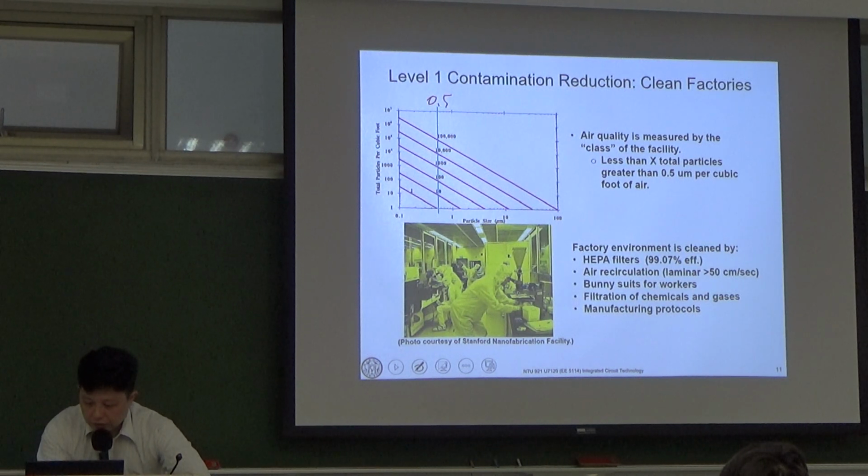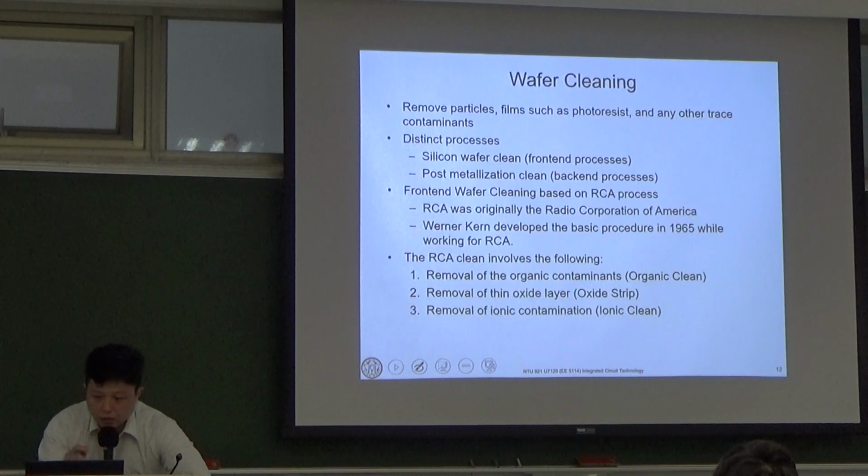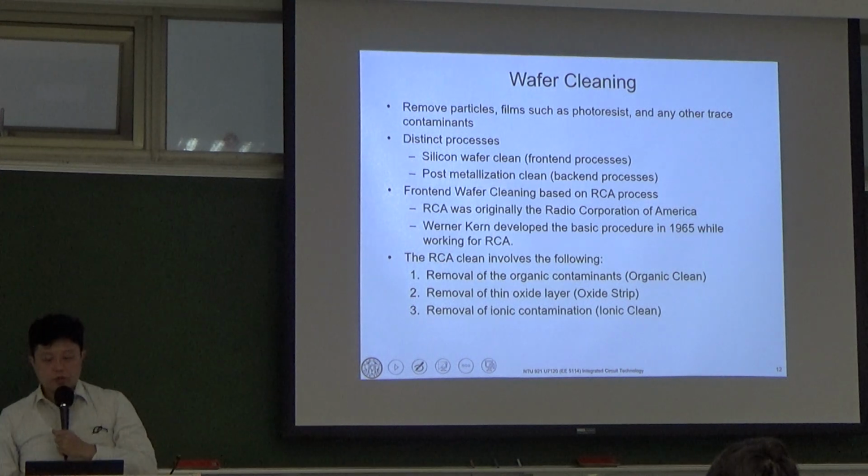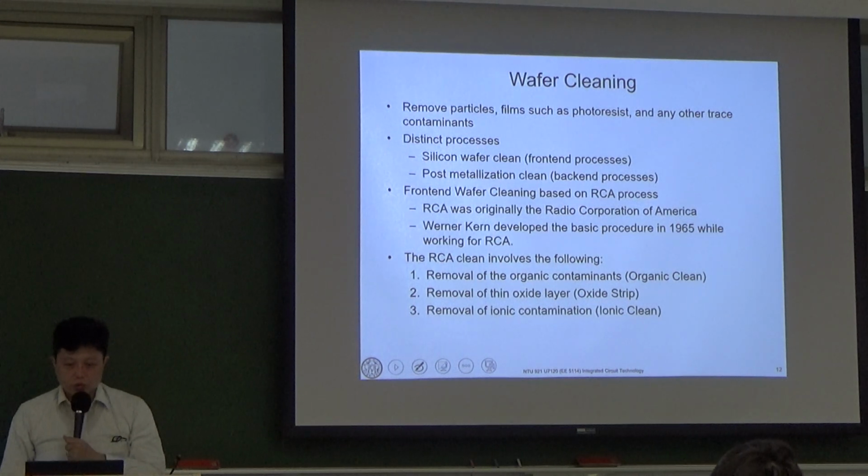And here are just pictures showing people working in the clean room. You have people wearing these body suits and gloves, and we have HEPA filters. So that's very straightforward.